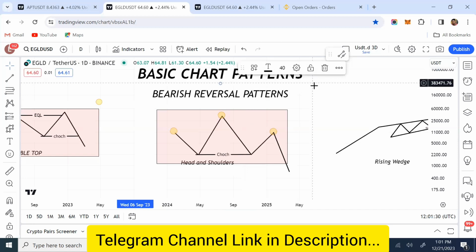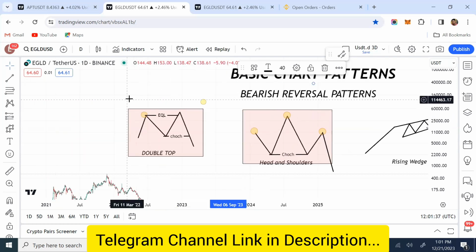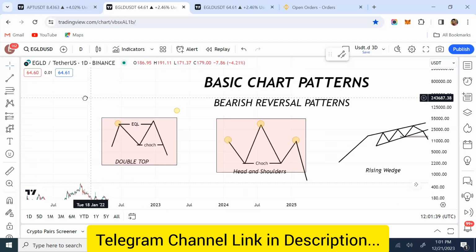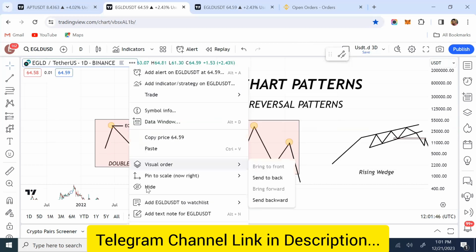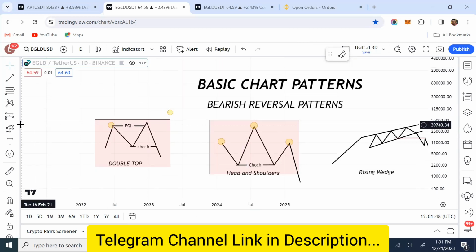Now, we have other kinds of reversal patterns. I'm just going to wipe all of these things out. Let's stick around.